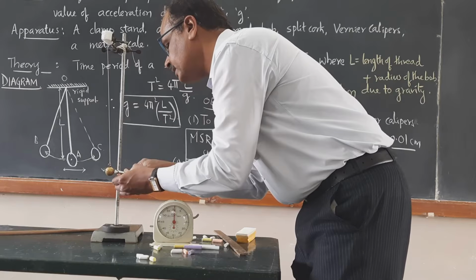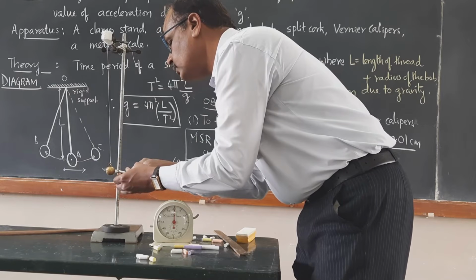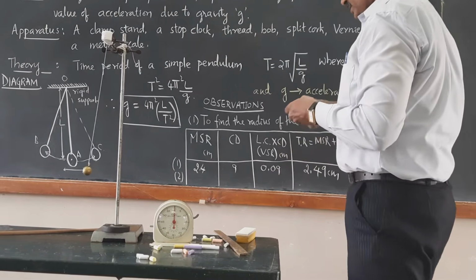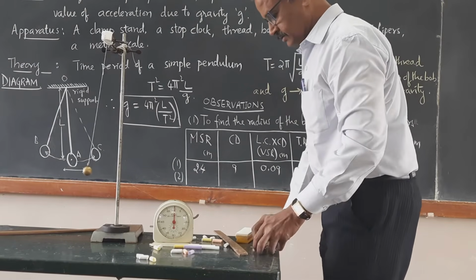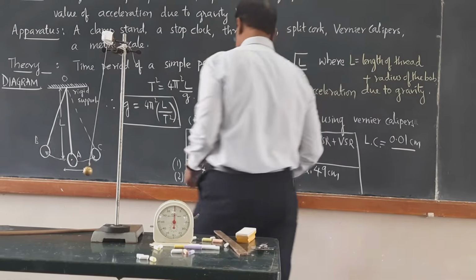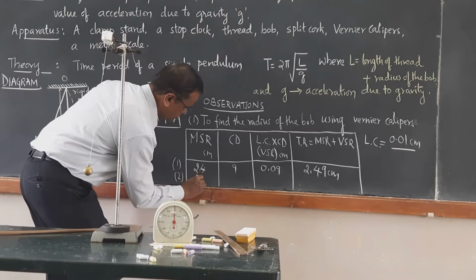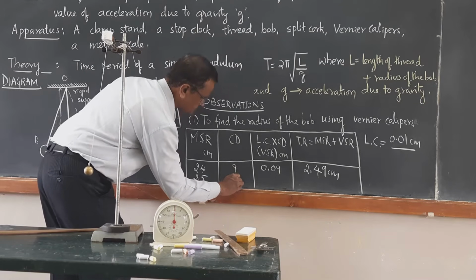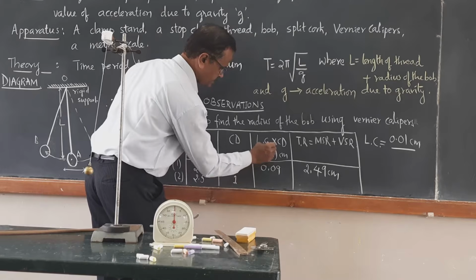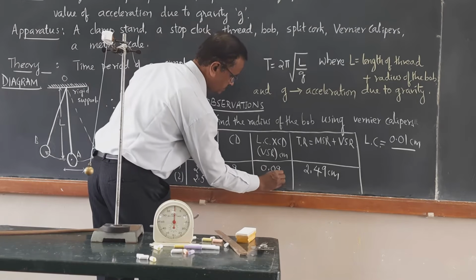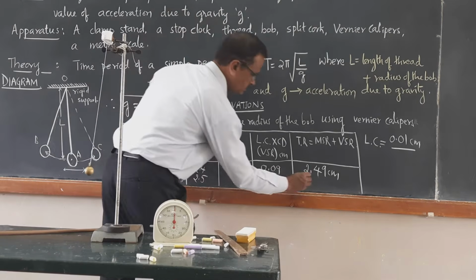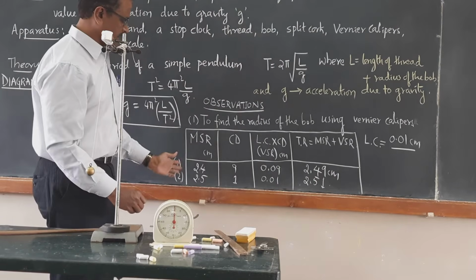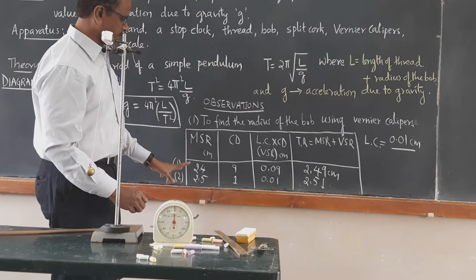Now the main scale division is 2.5 and the coinciding division is the first one. So coinciding division into LC becomes 0.01. So the total reading becomes 2.51.